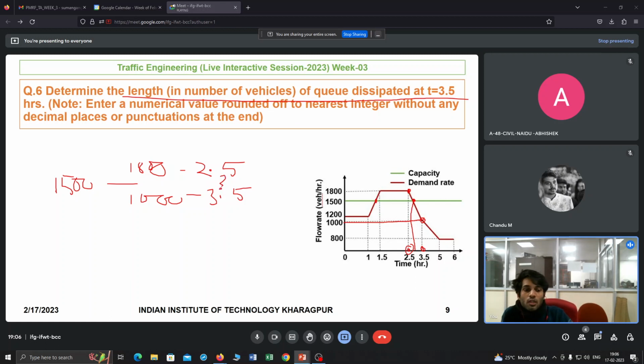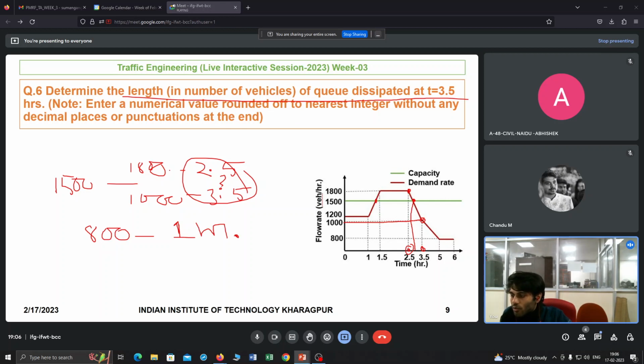If you know linear interpolation, you can do it here. Otherwise, simply, because it reduces from 1800 to 1000, that is a reduction of 800 vehicles per hour, and it happens over 1 hour, because 3.5 minus 2.5 is 1 hour.